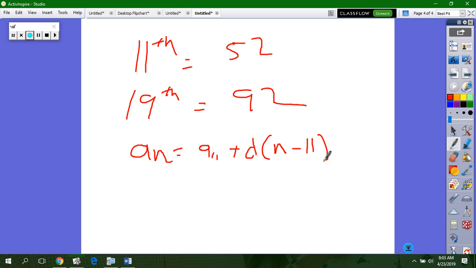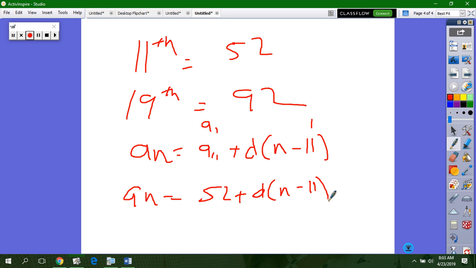Minus 11. Because the first time this was a sub 1 and this was 1, right? Does that make sense to everybody? So if this was 2, then I'd put a 2, or if this was 19, I'd put a 19. So a sub n equals my 11th term, which is 52, plus my difference, which I still don't know yet, times n minus 11. How am I going to find that difference?